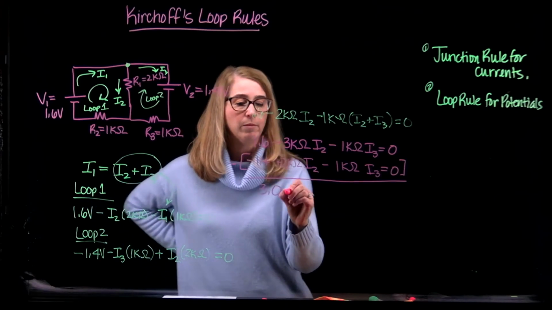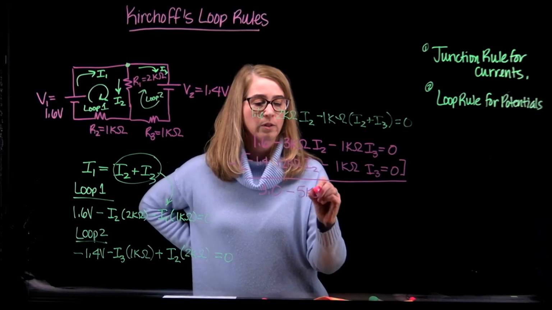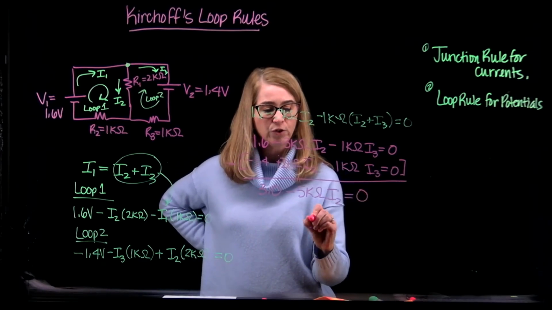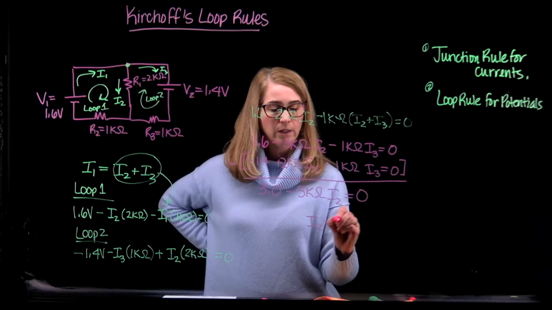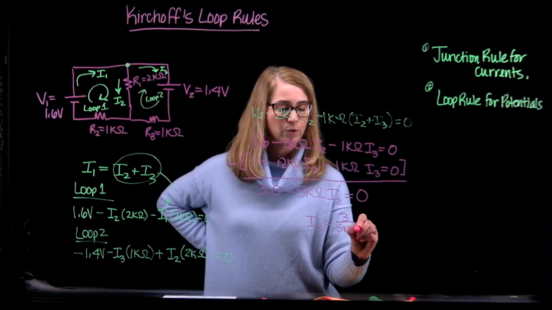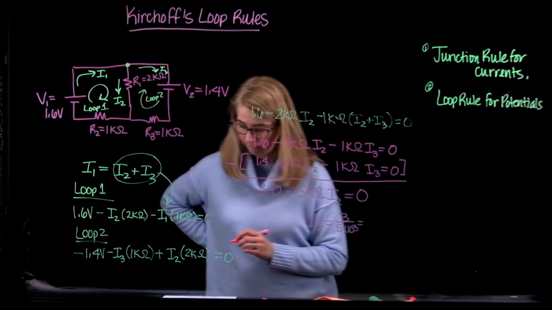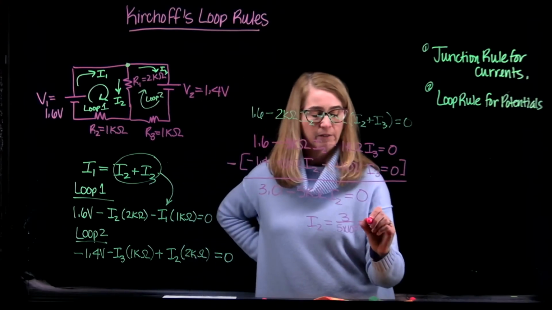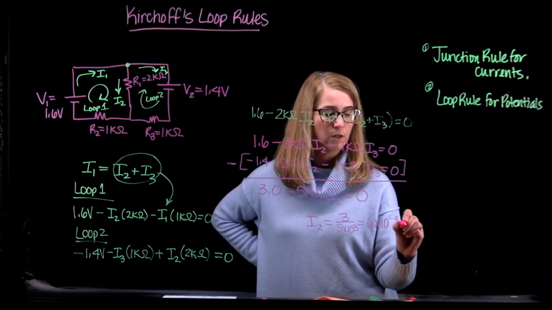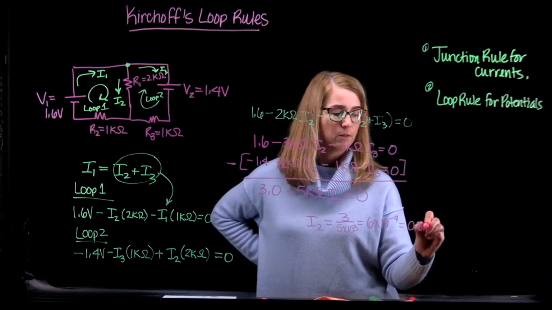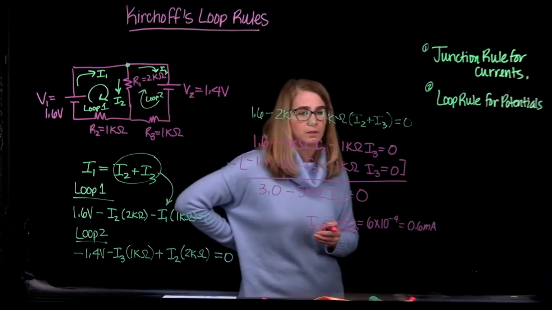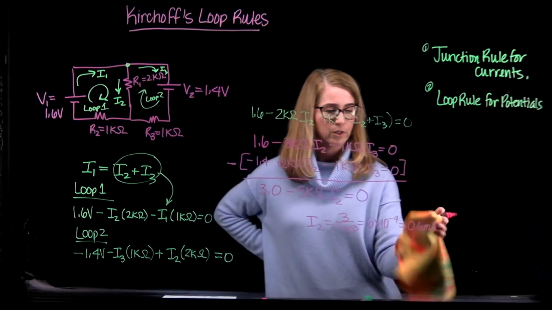And then I get minus 5 kiloohms I2 equals 0. So I can solve for I2. It's going to be 3 over 5 kiloohms. So I'm going to use the exponent properly. And that tells me I have a current of 6 times 10 to the minus 4, which is 0.6 milliamps.